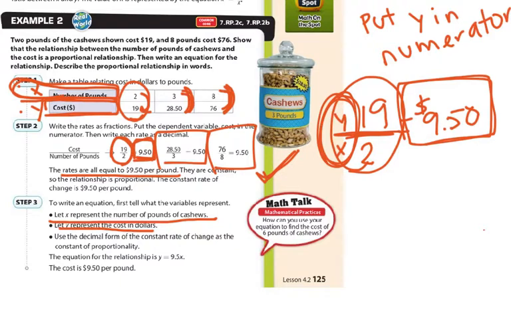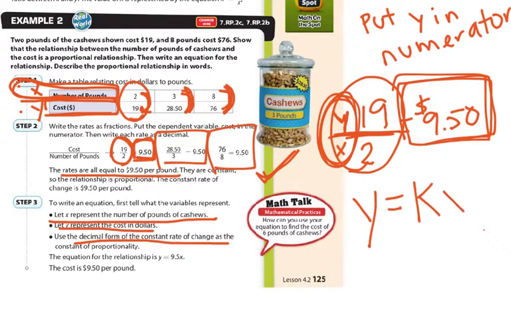But we're going to say Y, okay, use the decimal form of the constant rate of change. So we figured that out by doing Y over X, simplifying it. Our constant rate of change was $9.50, okay? And so our formula, they said, was Y equals KX.